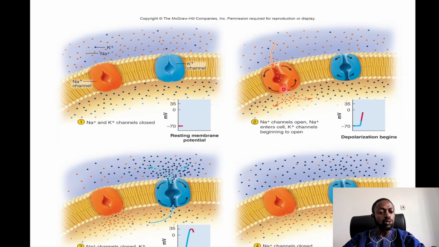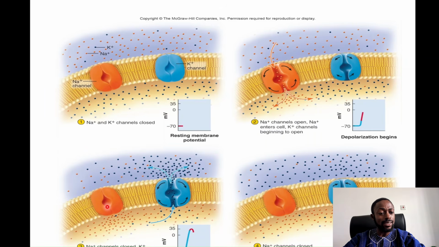Now, the next stage we want to talk about is repolarization. Now, in the next stage, which is point 3, that is when depolarization ends. So take note that over here, more sodium ions have entered the cell, and the cell has attained a voltage of about plus 35 millivolts. Then the first thing that happens at this stage is that voltage-gated sodium ion channels will close.